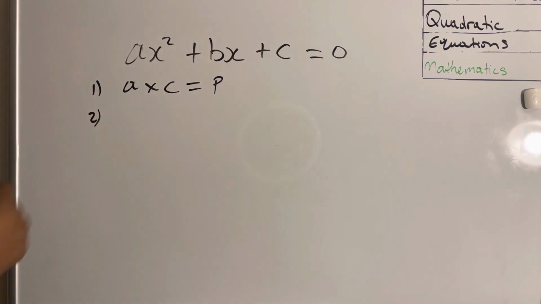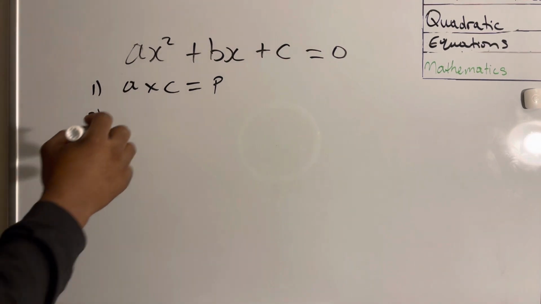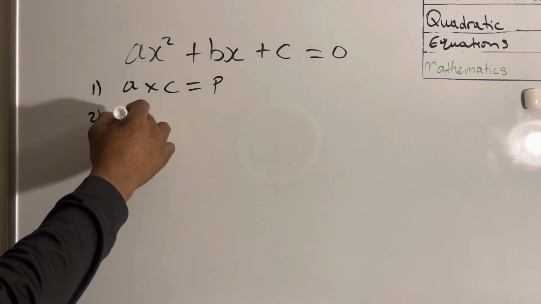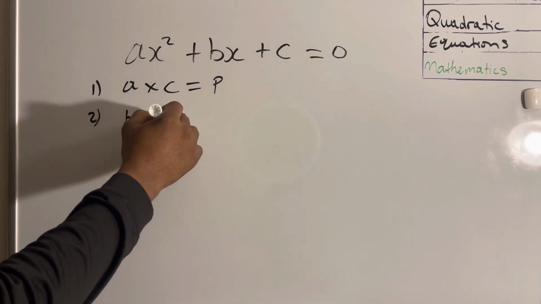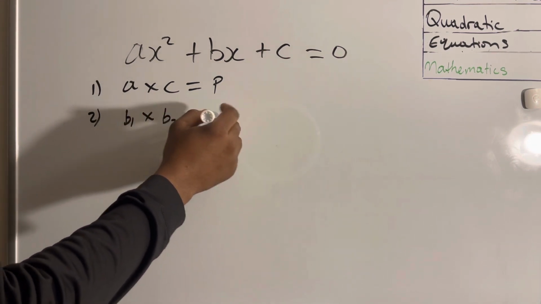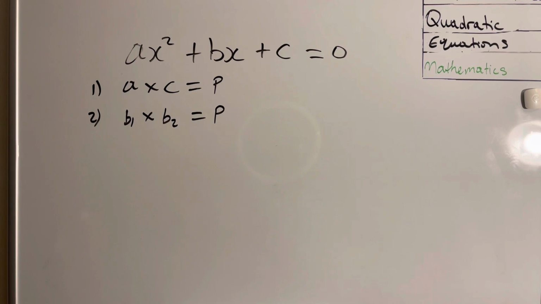Step 2, you find two numbers, b1 multiplied by b2, and this should also give the product p.